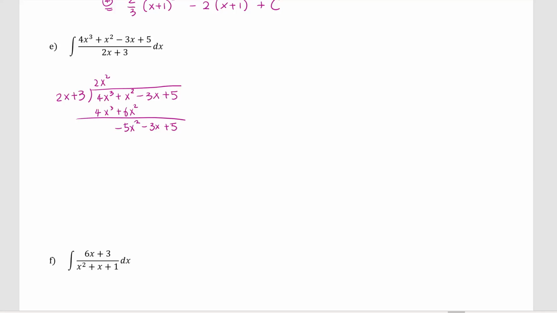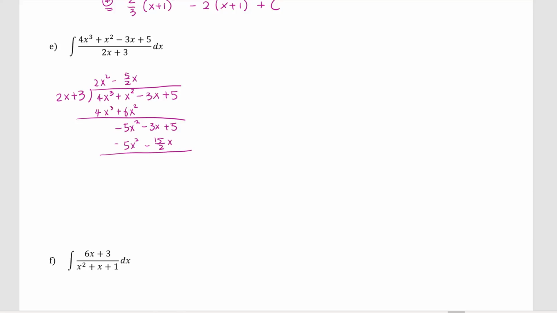And then what's next? Okay, what multiplied by 2x to get negative 5x squared? Negative 5 over 2x. Then I get negative 5x squared, and then negative 15 over 2x.